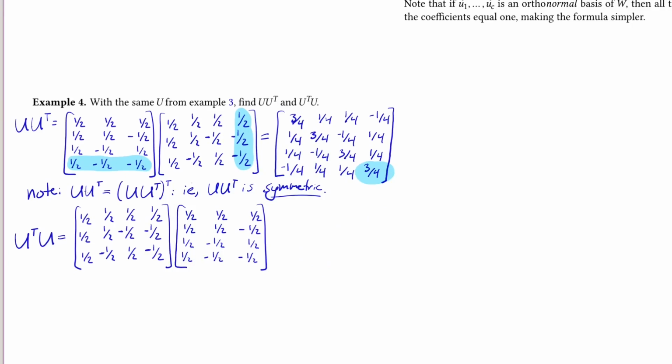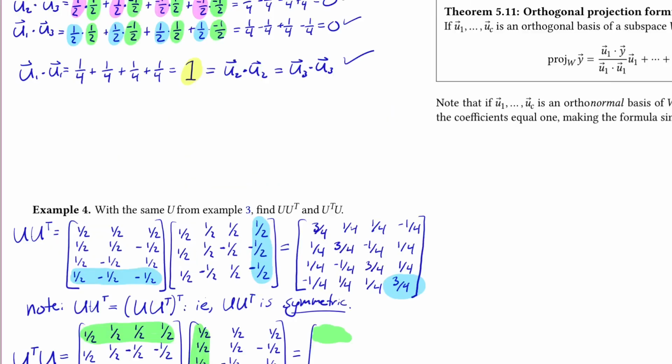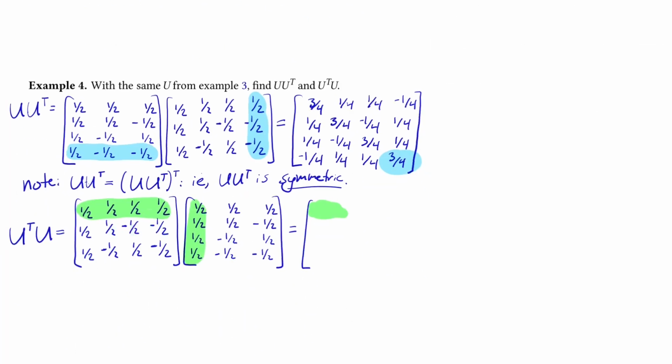Now, when we calculate this out, there's a nice shortcut: if you wanted to find the row 1, column 1 entry here, we'd be using row 1 of u transpose dot producted with column 1 of u, right? So we're just doing u1 dot producted with itself here. So maybe we can just write it out that way.